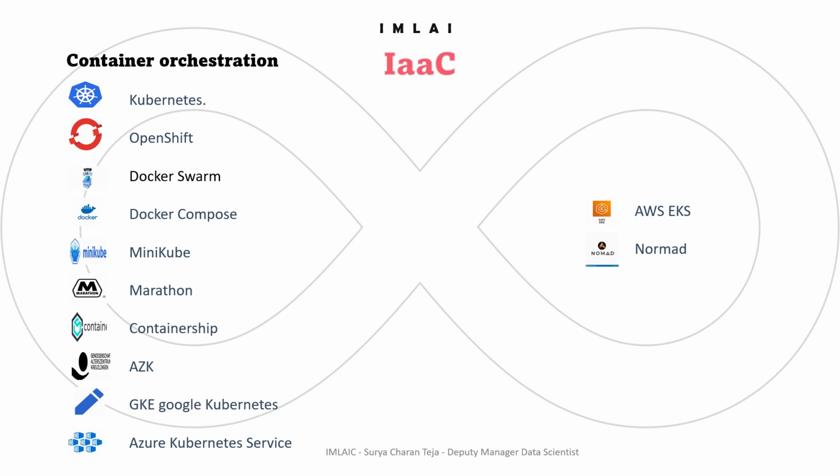Minikube is for the testing, but production level Kubernetes cluster can be got from kubeadm and then kOps of AWS, whereas Minikube is only used for testing purposes, just for exploring Kubernetes. And Marathon, Containership, and AZK, GKE, that's Google Kubernetes Engine, Azure Kubernetes Service, AKS, and Amazon Web Services, EKS, and Nomad. These are the famous tools which are used for container orchestration.